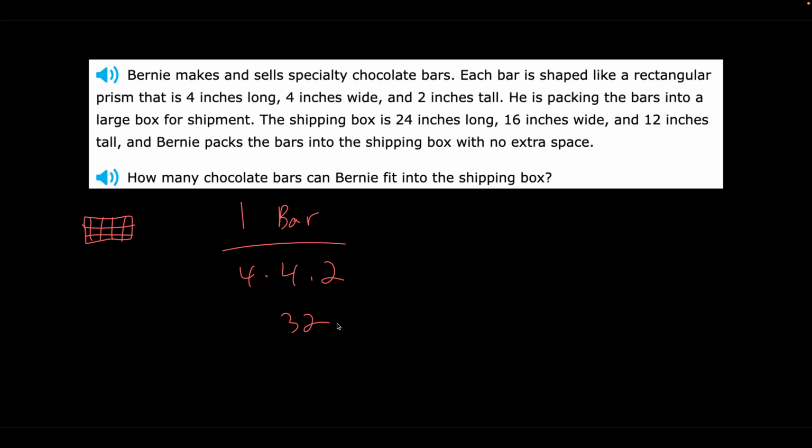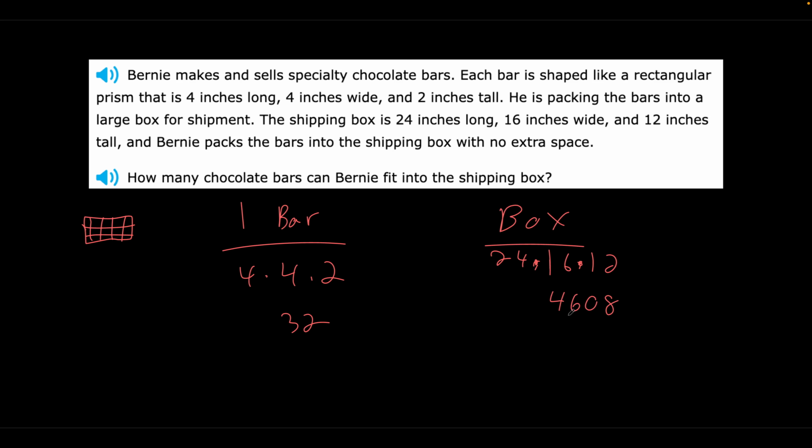And then we know that the entire shipping box, let's do the volume of the entire shipping box. That would be 24 times 16 times 12, which would give us 4,608. So this is the volume of the entire shipping box.